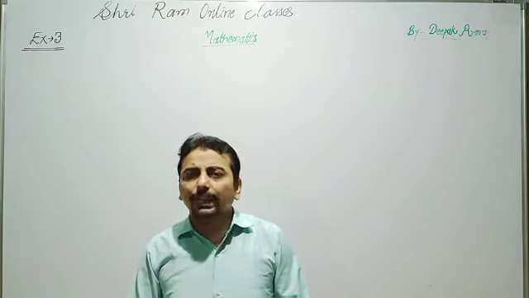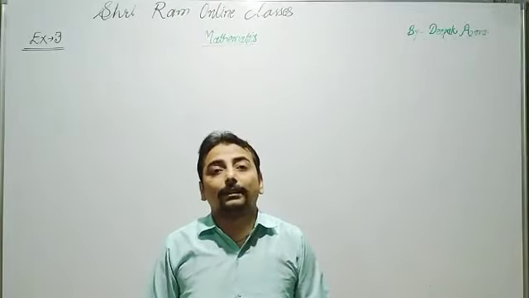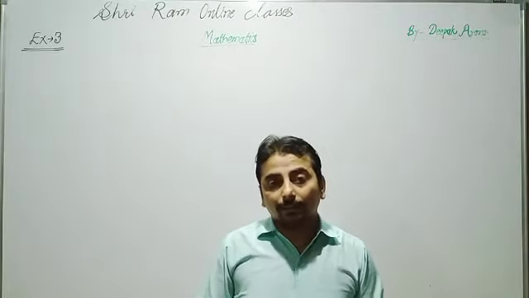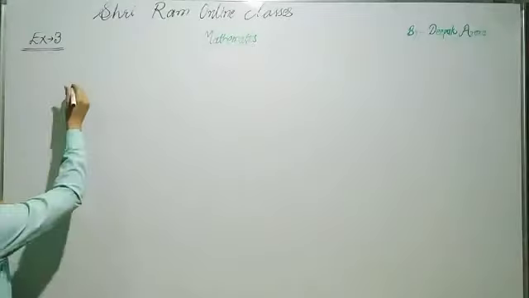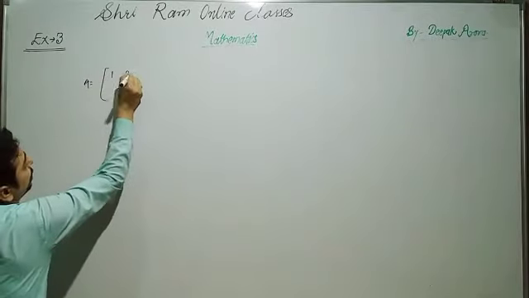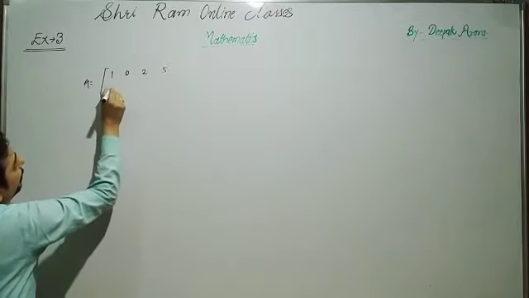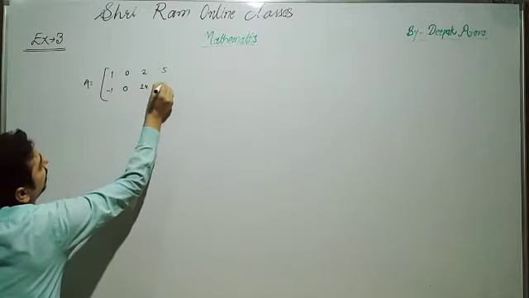Last class we discussed the definition of a matrix, the arrangement of a matrix, and the order of a matrix. First of all, we recalled how to find the order of a matrix. For example, matrix A has rows 1 0 2 and 5 minus 1 0 2 4 and minus 3.